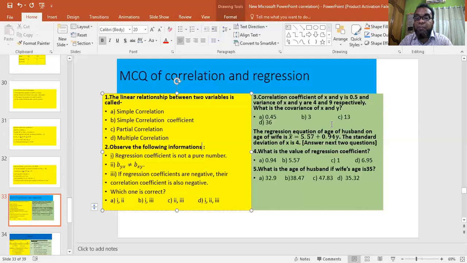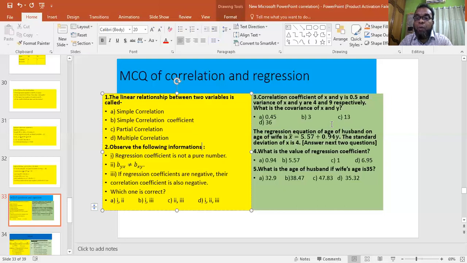What is the age of the husband if the wife's age is 35? Wife is denoted by Y. So Y is 35. You put the value of 35 in the equation. Given equation X cap equal to 5.57 plus 0.94Y.